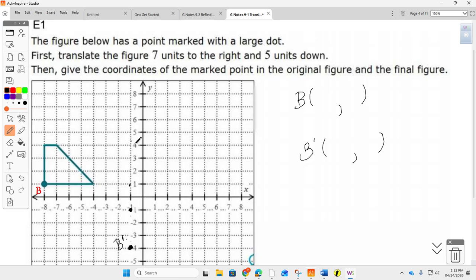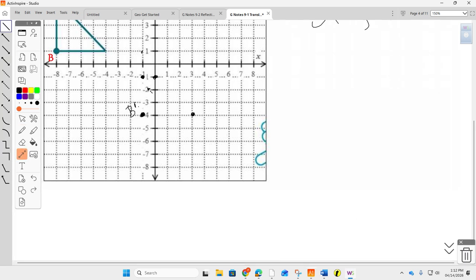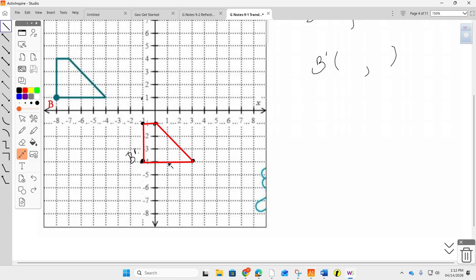So over 7, down 5, over 7, and down 5. Then we use the line tool on Alex. I think you are going to have to translate the whole thing. And on some of these you're going to translate the whole thing and you have to give all the points. 1, 2, 3, 4, 1, 2, 3, yeah, you did it right.